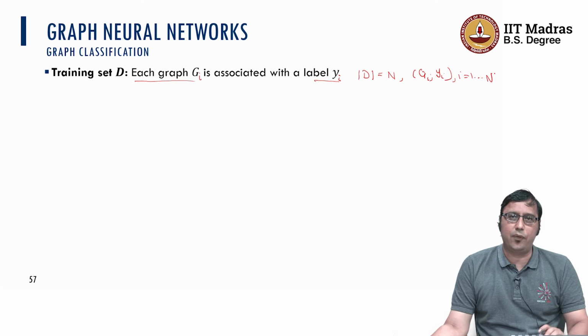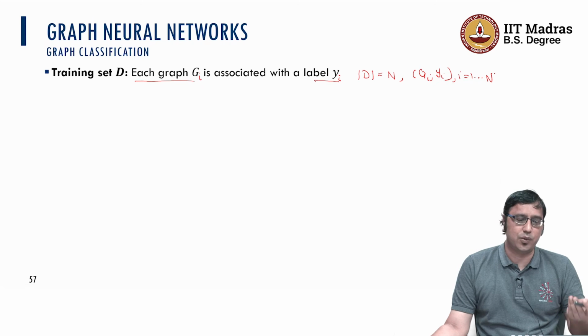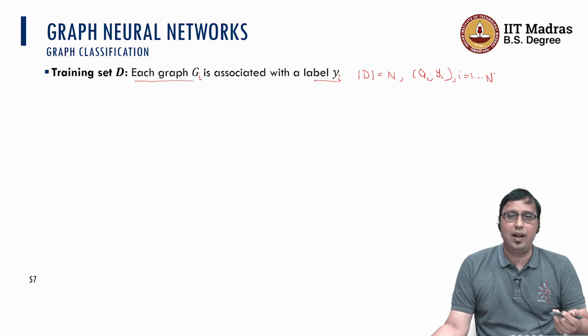A simple example of graph classification we have looked at is molecular property prediction, where a molecule is represented as a graph and the corresponding property is labeled as Y_i, or a class.